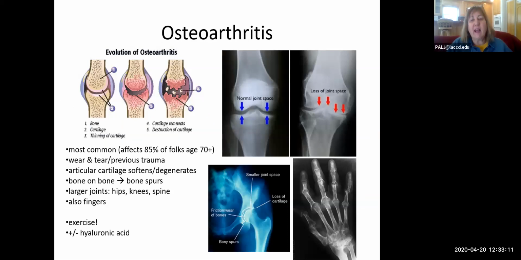Okay, so the last part of this, I want to talk about arthritis, and there are a few types of arthritis, and I want to talk about the 3 most common types. And of these, the most common by far is osteoarthritis. And in fact, if your parents, grandparents make it to the age of 70, 85% of them will have osteoarthritis.